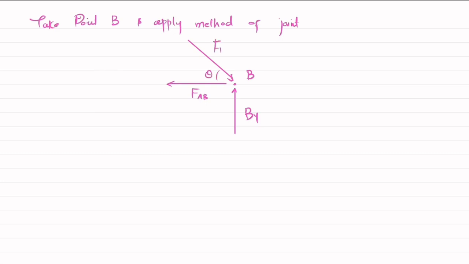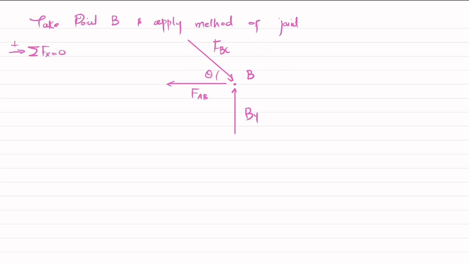This is FBC. So we will find this FAB by using the equation of equilibrium, that is, the sum of all forces along the x direction must be equal to 0, and force in this direction is taken as positive. Horizontally we have FAB in this direction, which is negative, and the other one is the horizontal component of FBC, which is FBC times cos theta.